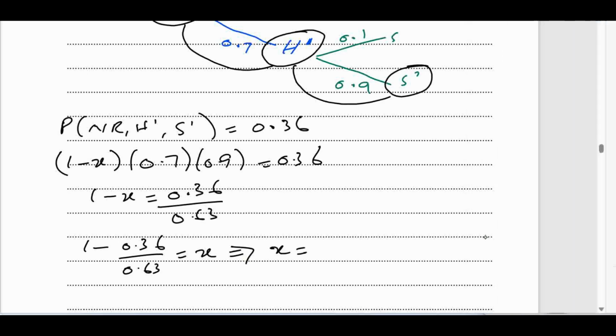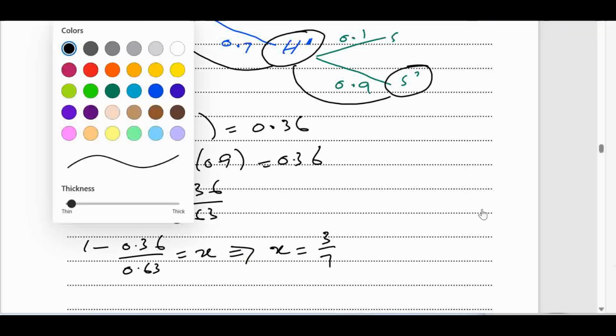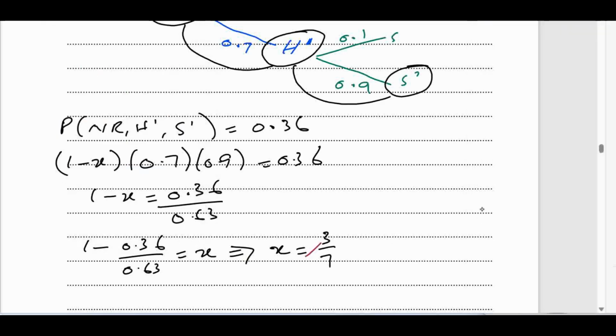So x will be equal to 3 by 7. Since this is continuing, we will try to write the answer in the form of 3 by 7. So this will be the final answer. x will be equal to 3 by 7. This will be the final answer.